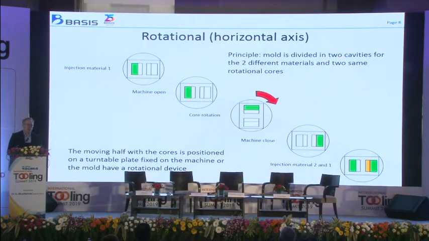At the same time, we can make the injection of the first material in the outer cavity. The moving half or the core is positioned on a rotational table on the machine or can have a rotational device in the mold.